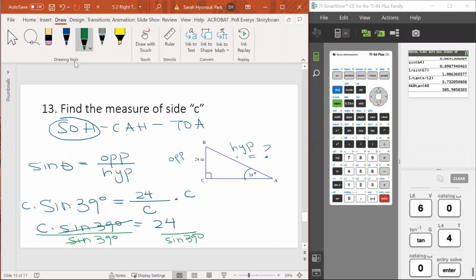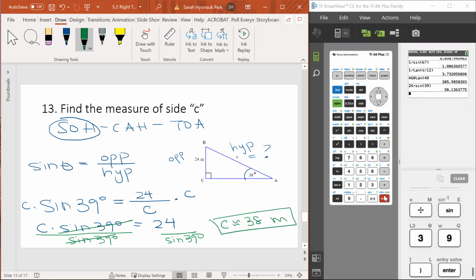And so C is equivalent to 24 over sine of 39 degrees. 24 divided by sine of 39 degrees. And we're already in degree mode. And it says C is equivalent to 38. I really should have specified how we should round. I'm just going to keep it as a whole unit, 38 meters. But just be careful with MyMathLab, read the fine print, and make sure you round it to the correct place.